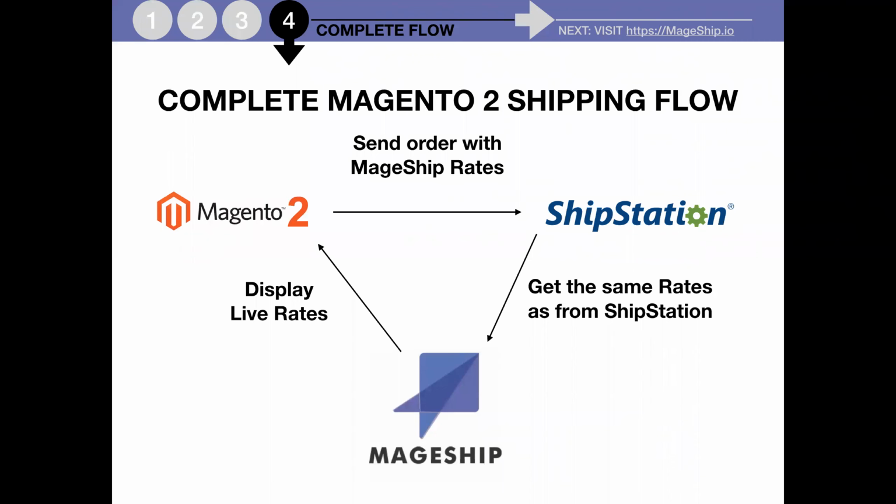It will display live rates to your Magento 2 customers, the same rates that you would get if you were to generate or calculate a quote in ShipStation, but this is done automatically by MageShip. So there are no rate discrepancies. The same rates as you can get in ShipStation will be shown to your customers on your Magento 2 store.